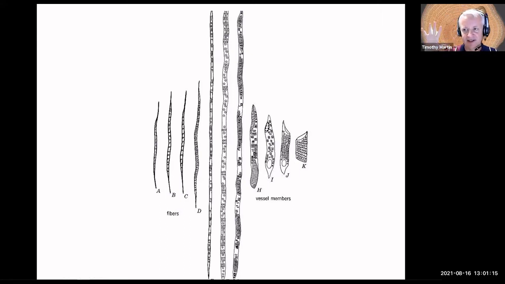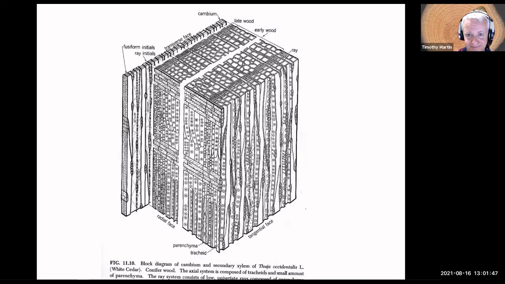The separation of those functions released the mechanical support constraint and allowed vessels to get really large, because they can have relatively thin and weak cell walls, because mechanical support is being provided by fibers. So that basically means that water transport cells in angiosperms are much more efficient than the water transport tissues in gymnosperms.